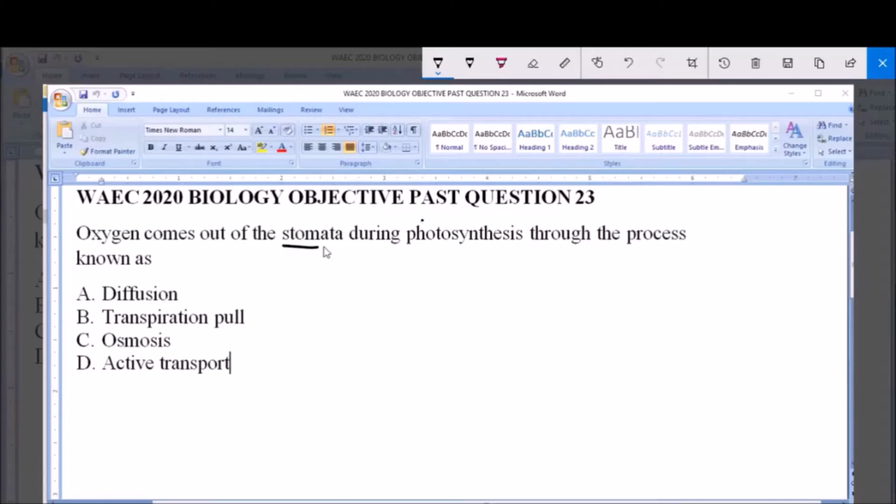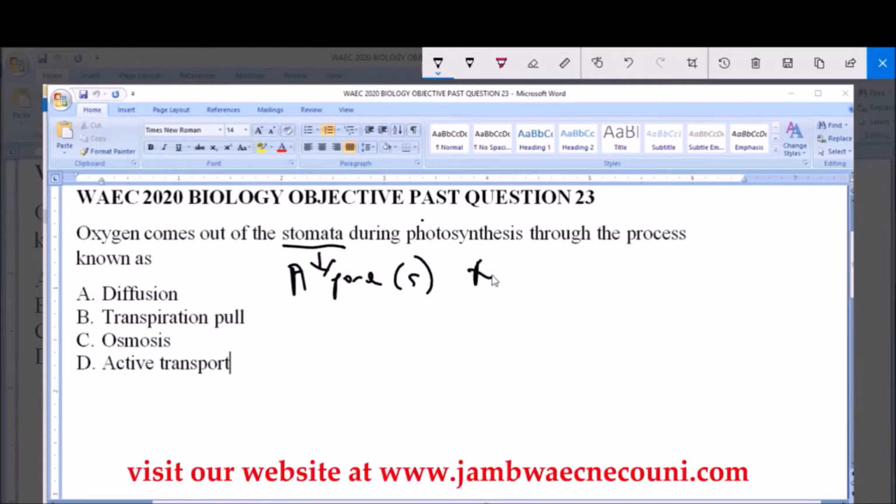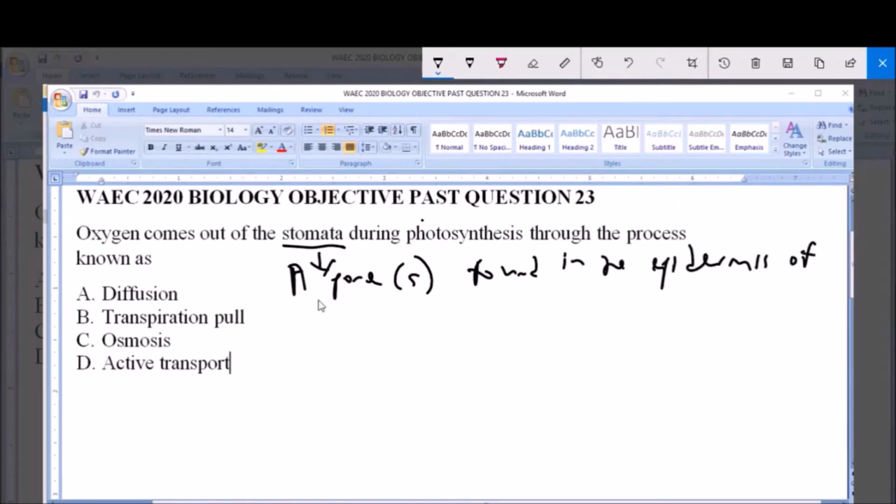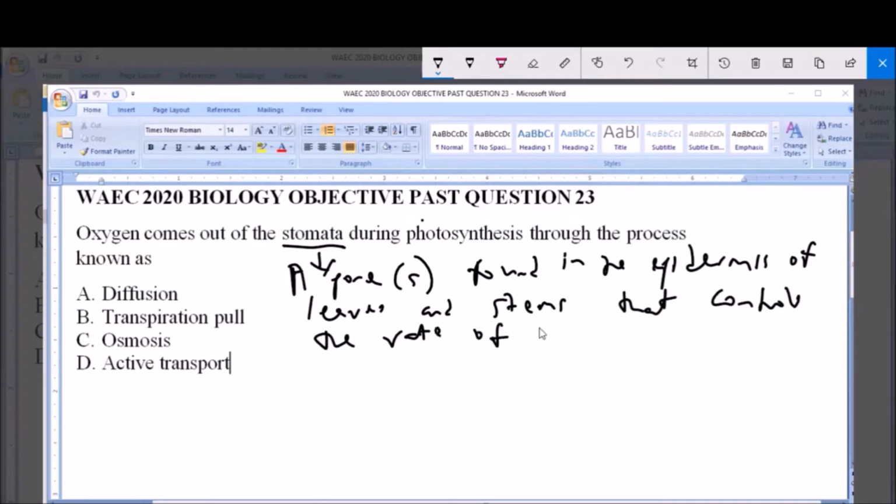Now, the stomata is basically just a pore or pores, because there are more than one, and they are found in the epidermis of leaves and stems, that is of plants, that controls the rate of gas exchange. So this is their major function, regulating the rate of gas exchange.